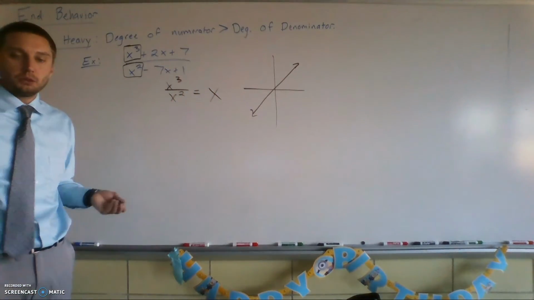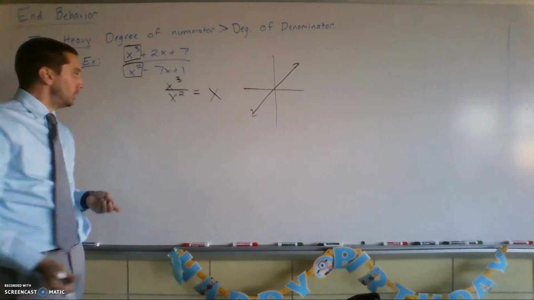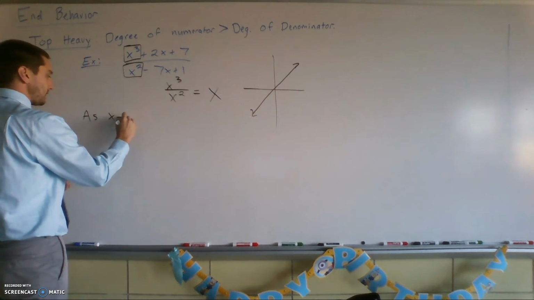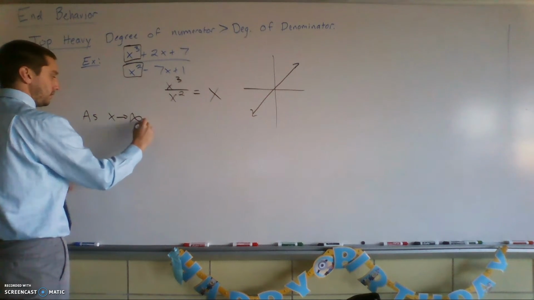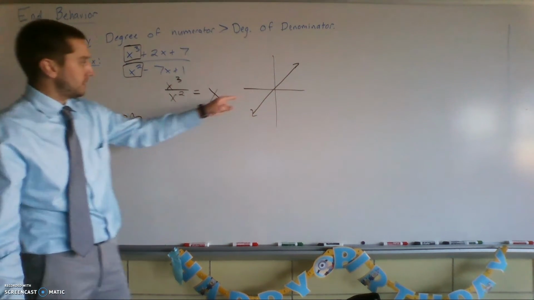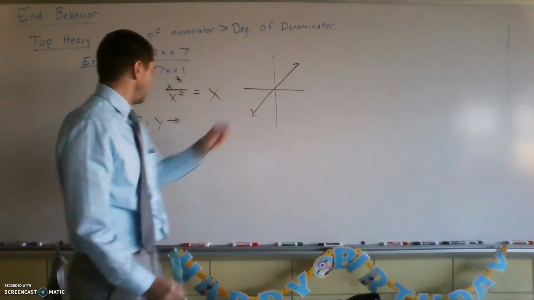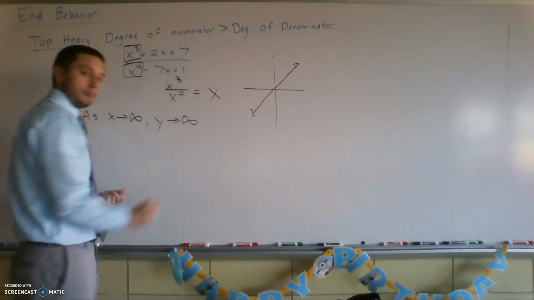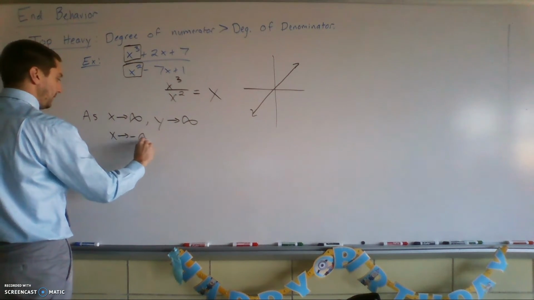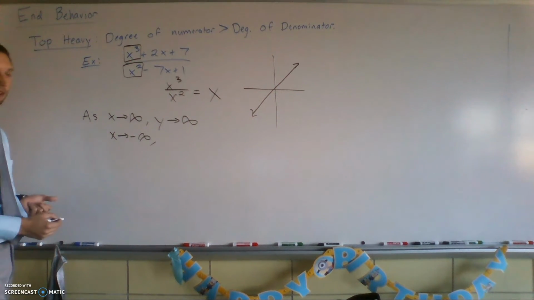So how would you describe this end behavior? Well, here's what we're going to write. We're going to say as x approaches infinity, what is happening to my y's? So in this, as x goes to infinity, my y is going to infinity. And then as x goes to negative infinity, what's my y value again?